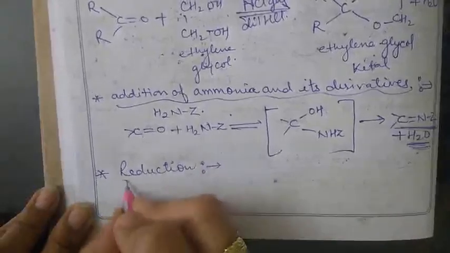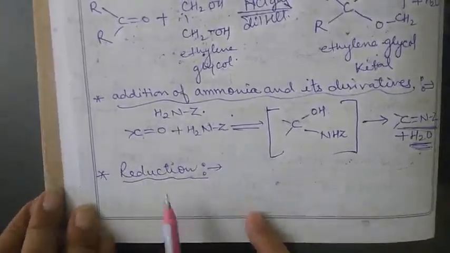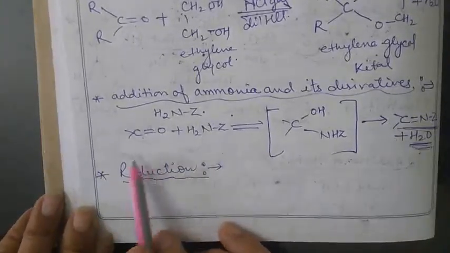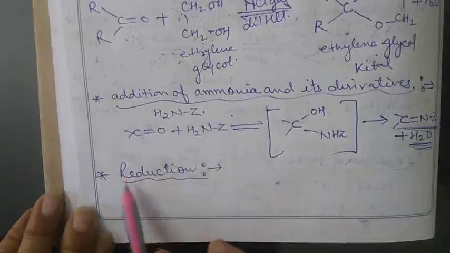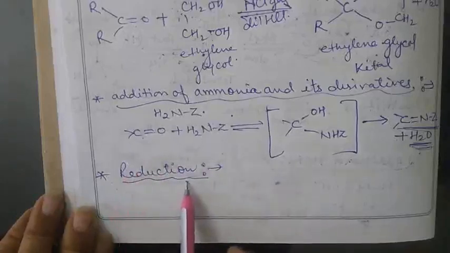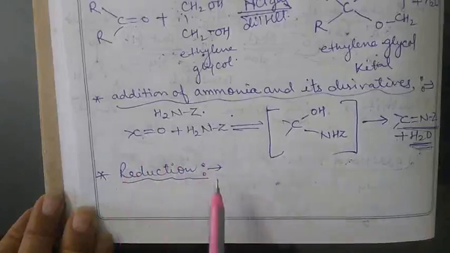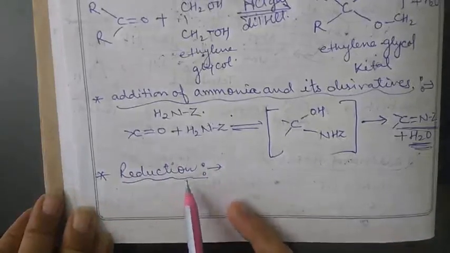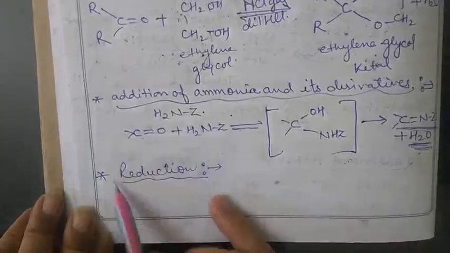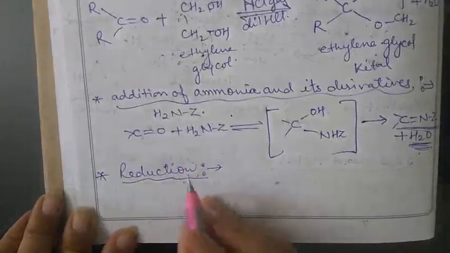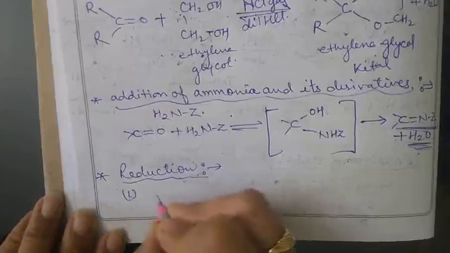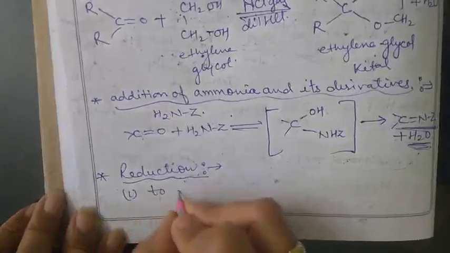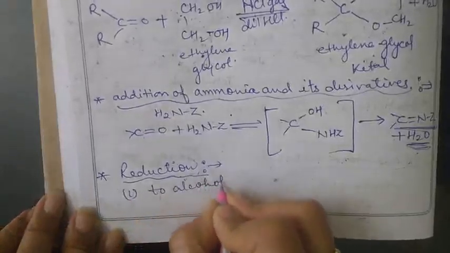Now the next chemical property is reduction. Reduction means removal of oxygen, or the addition of hydrogen is also known as reduction. Under this heading, the first one is reduction to alcohols.